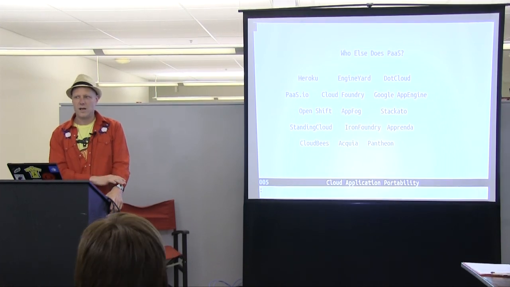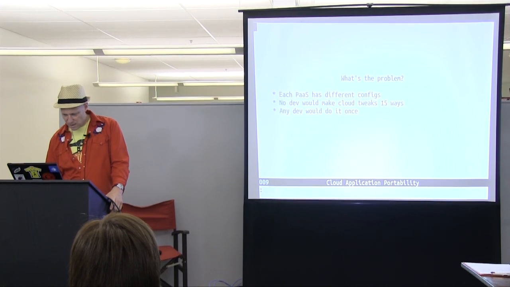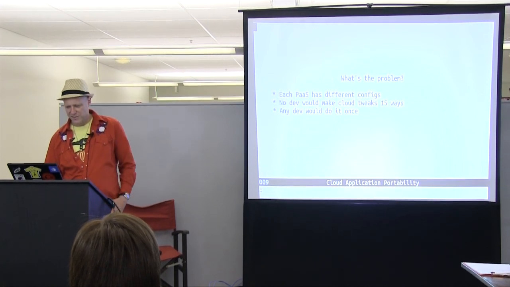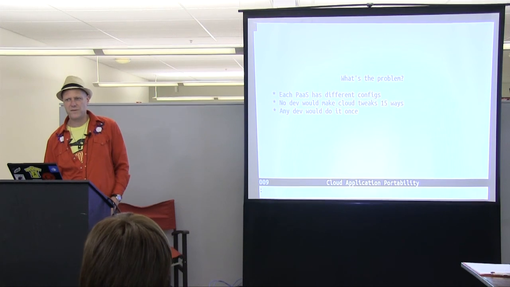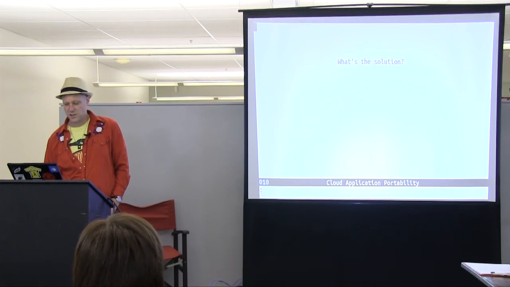That's the dream. So, if I'm a developer, would I want to make 15 tweaks to have it run on 15 POSes? No. Would I do it once? Definitely. What's the solution? I don't know.